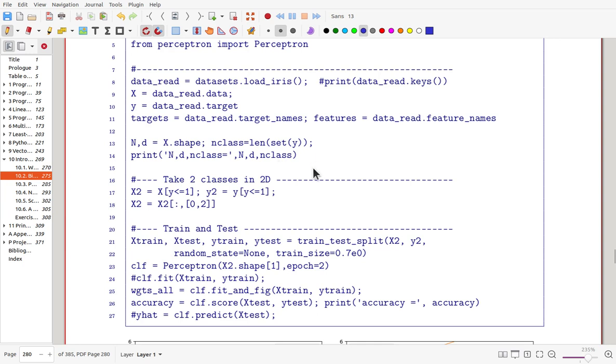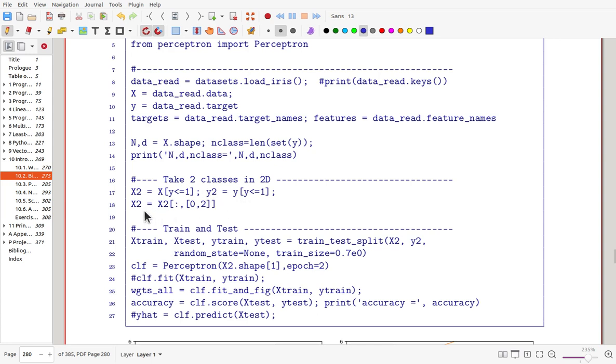To test the perceptron, we need to simplify the data a little bit, so we choose two classes. From X, we get only the portion where y is less than or equal to 1, so y equals 0 and y equals 1. Two classes are selected, and for y, the labels, we collect them the same way.